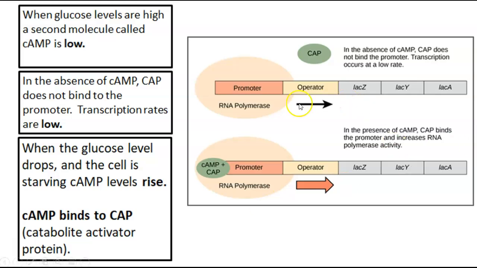So, as you can see here, if both lactose and glucose are available, lactose will enter the cell and remove the repressor, so the operator region will free up. However, cyclic AMP levels are going to be low because glucose is still available. So there's not going to be much transcription happening here.